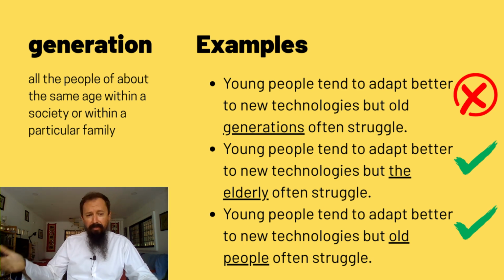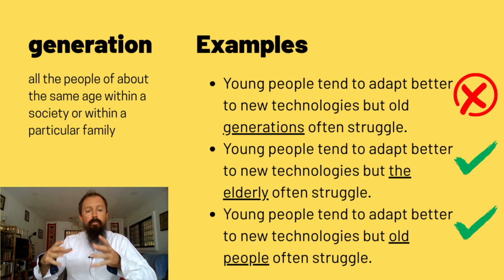I know why some people think this might be right, but clearly the writer here has decided that they don't want to say people. They want to replace it with a fancier, more advanced word and have chosen generations. This is wrong. Young people tend to adapt better to new technologies, but the elderly often struggle, or old people often struggle. There we go. There's different ways of saying this, but don't misuse generations.